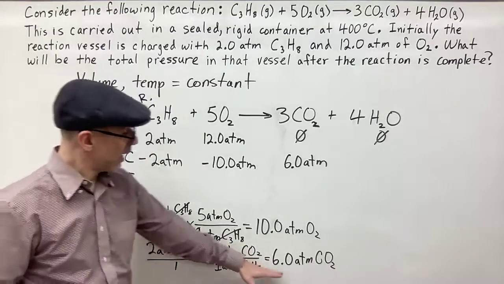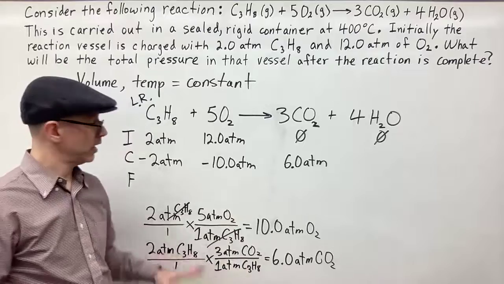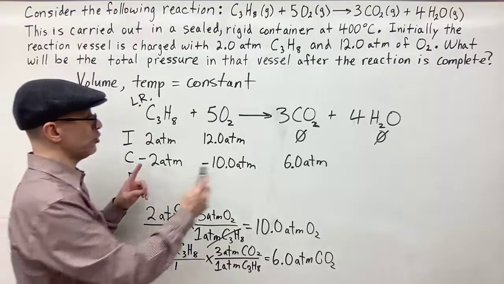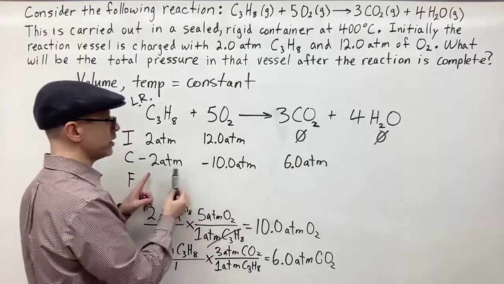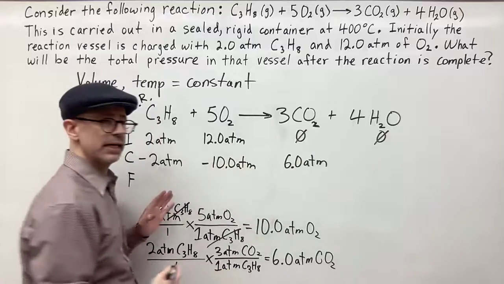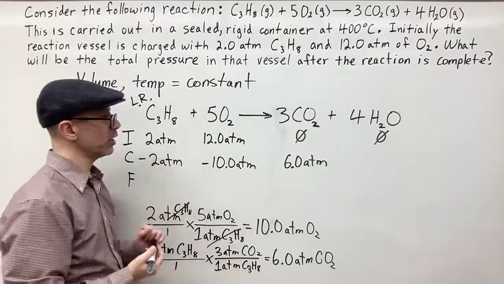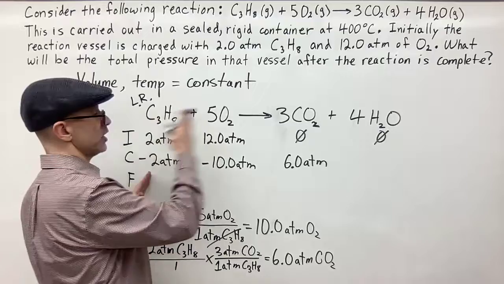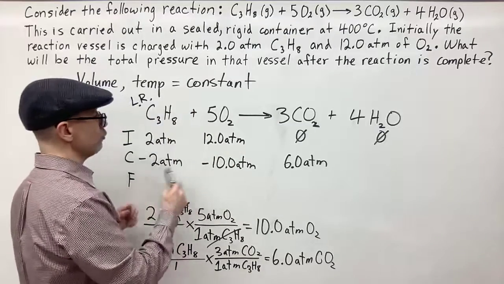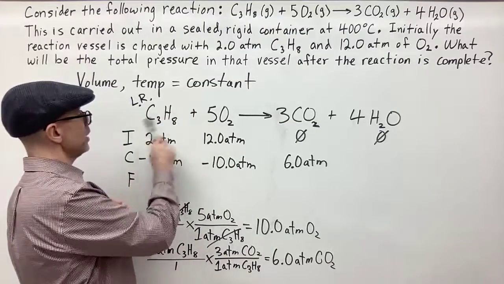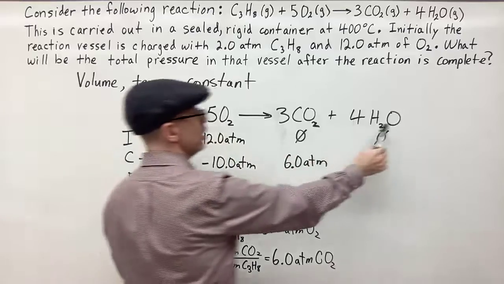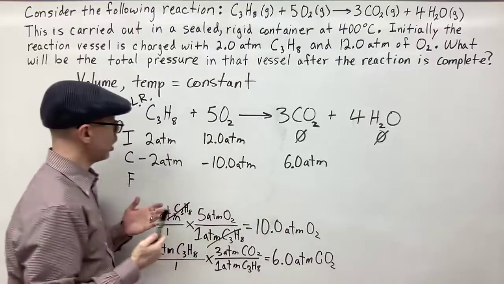And so you can do it by doing conversion factors, or you can just kind of eyeball it and do it this way. The numbers here are easy enough where you can pretty much figure it out using the ratio. So if we do the same thing here, I want to now do water. Well, how much water is produced?